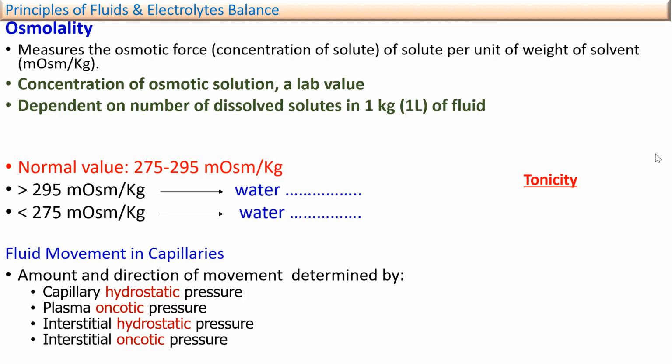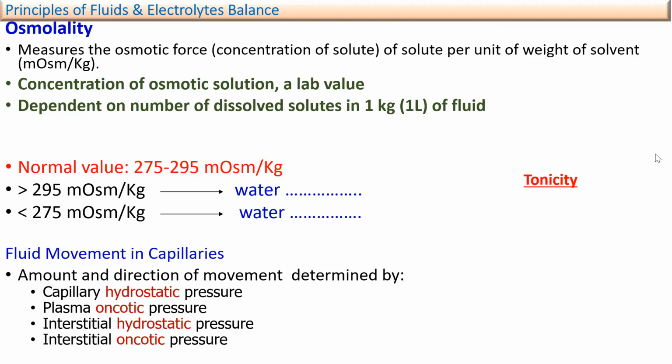But when the plasma is concentrated and the osmolality exceeds 295, there is a lot of solute, particles, and molecules, and less water. So that indicates a water deficit.